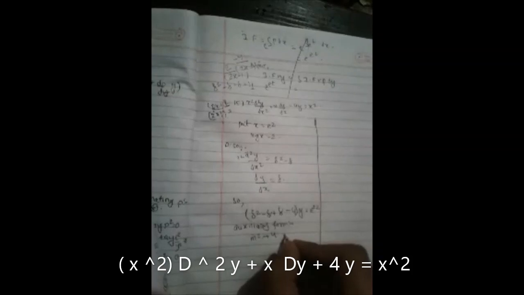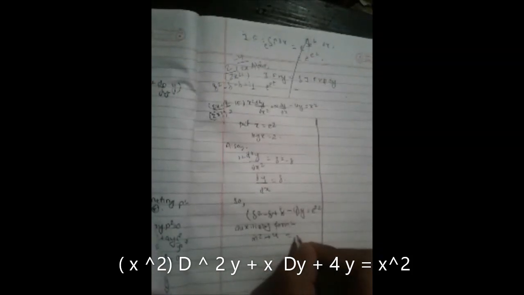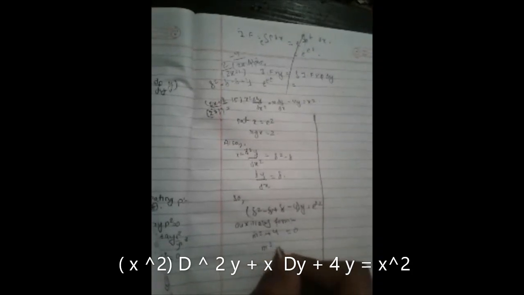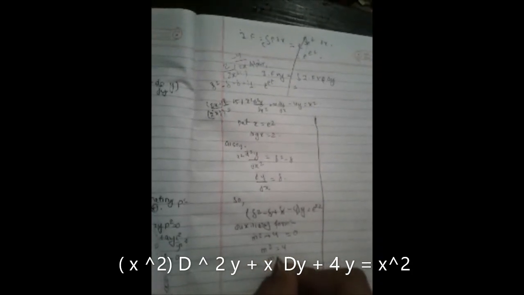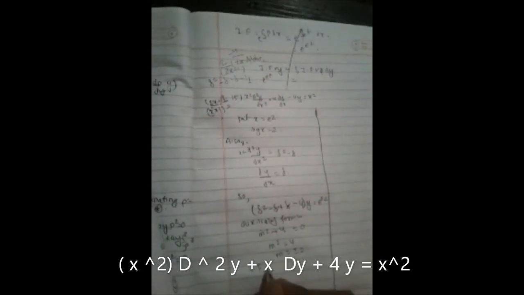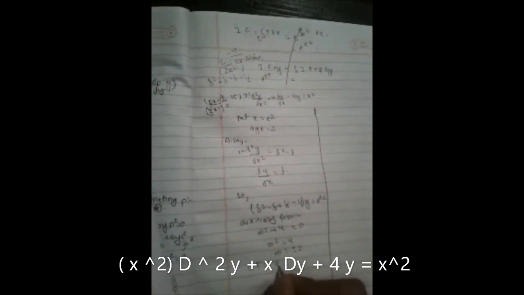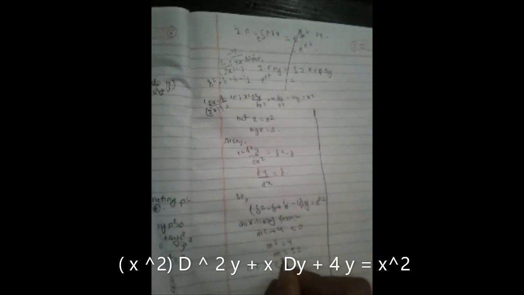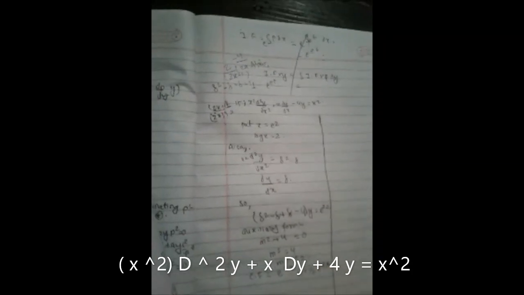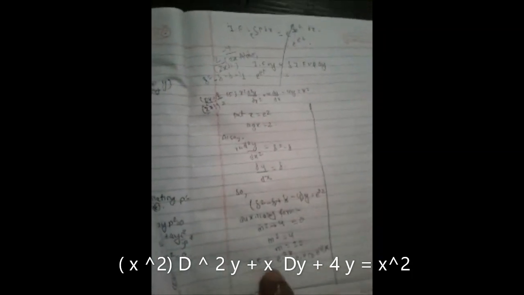So m square minus 4 is equal to 0, that is m square is equal to 4, m is equal to plus minus 2. So CF is equal to c1 e to the power 2x plus c2 e to the power minus 2x. We have found CF.